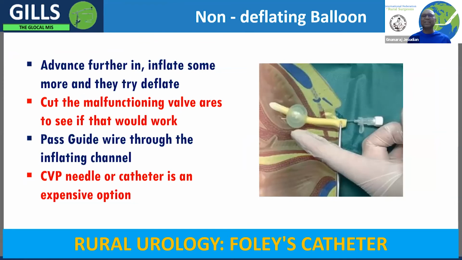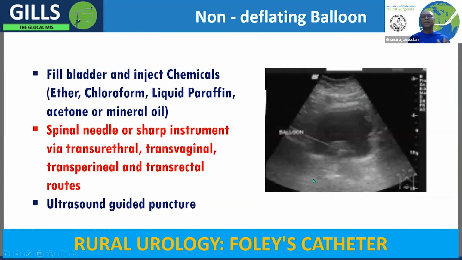Then you can cut the malfunctioning valve and try to pass a guidewire or something through it. This might help, might not help. Then you pass a needle as shown, and you can try injecting chemicals like ether, chloroform, liquid paraffin, acetone, or mineral oil.